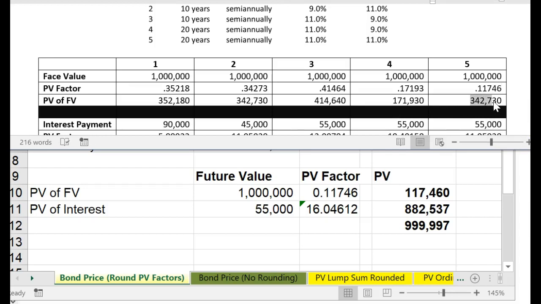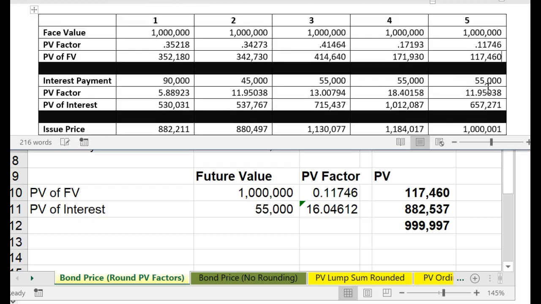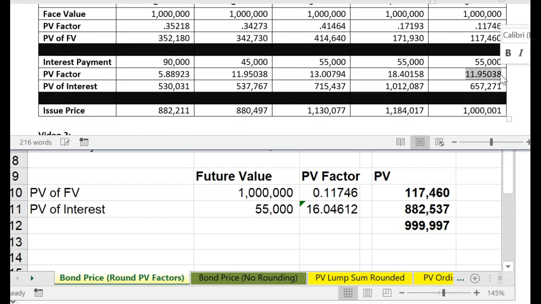And then that brings the fifth one to 117,460. There we go. And then 55 stays the same. It would be 16.04612. And that brings our total here to 882. So this should tie more to what you had. Again, my apologies.